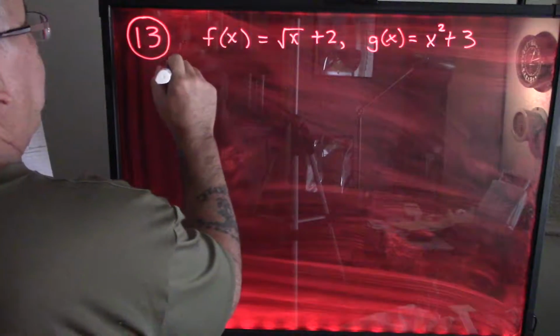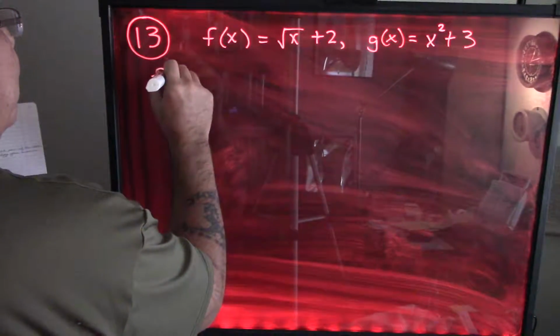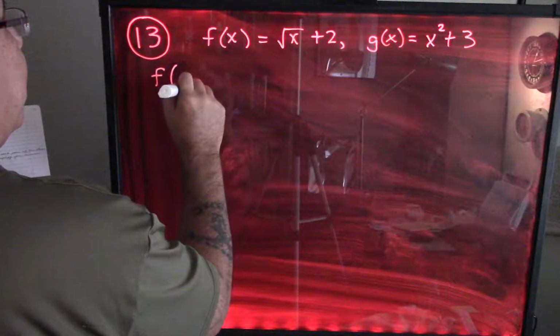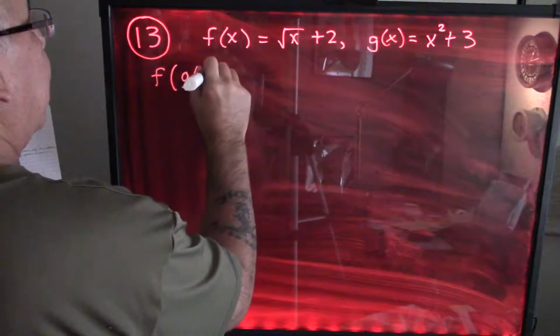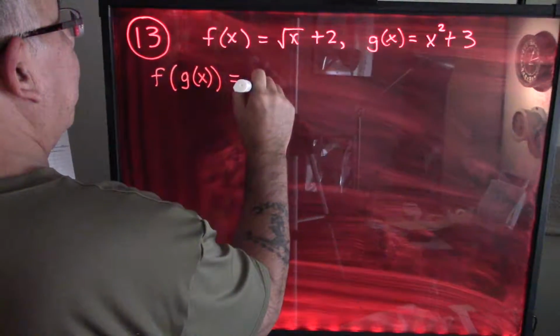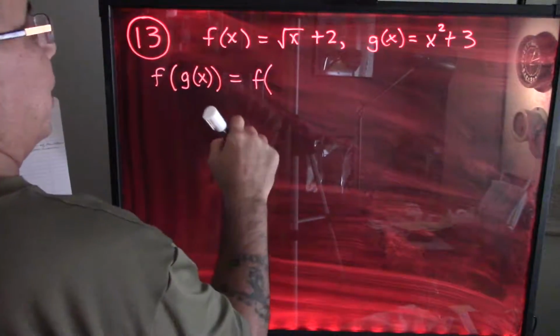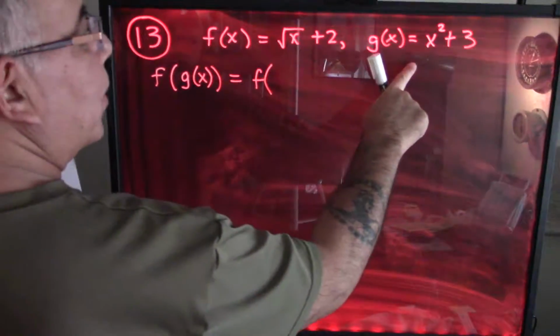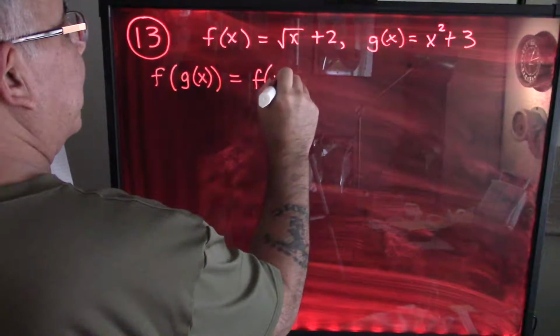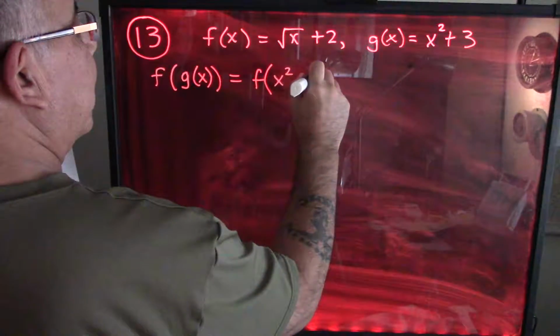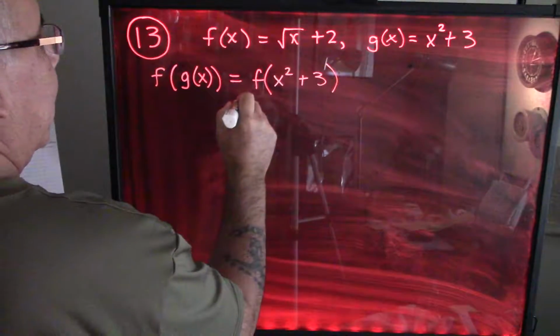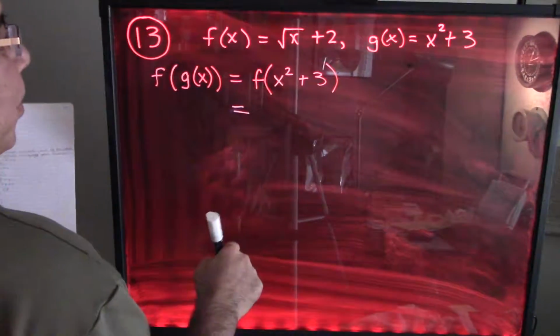So first f of g of x, or f composed with g, is f of, what is g of x? It's x squared plus 3, so that's what we put here inside the parentheses. What is f of x squared plus 3?